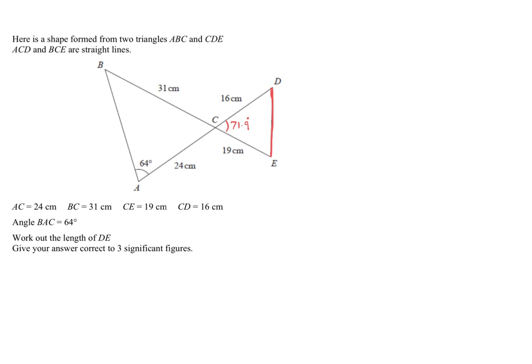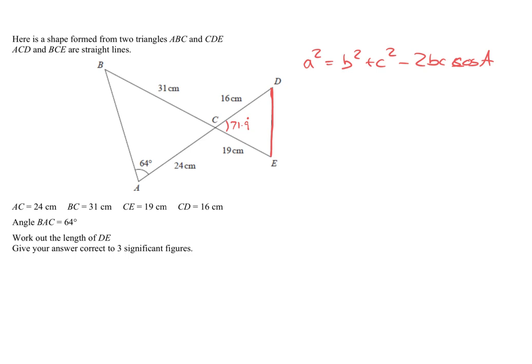So I know the angle DCE is 71.9 degrees from the first part of the question. And now I have an angle in between two sides that I know, trying to find the third side, the opposite side. That is the cosine rule, which again is given to you in the exam paper. So that is a squared equals b squared plus c squared minus 2bc cos A. And what have we got?